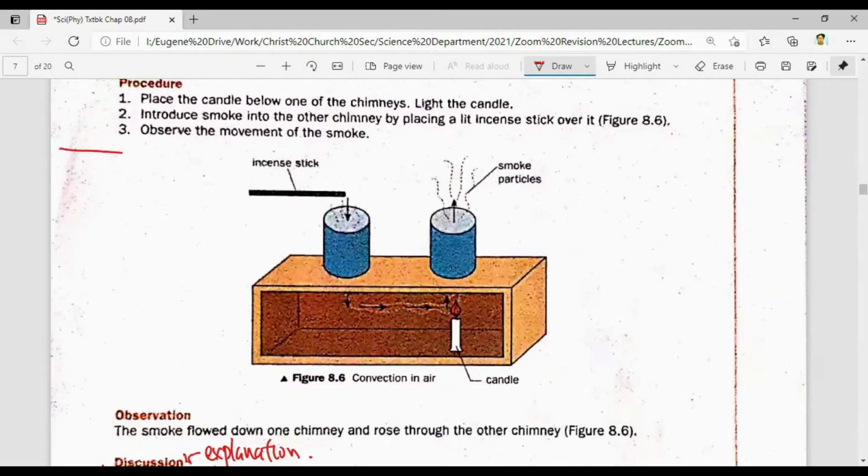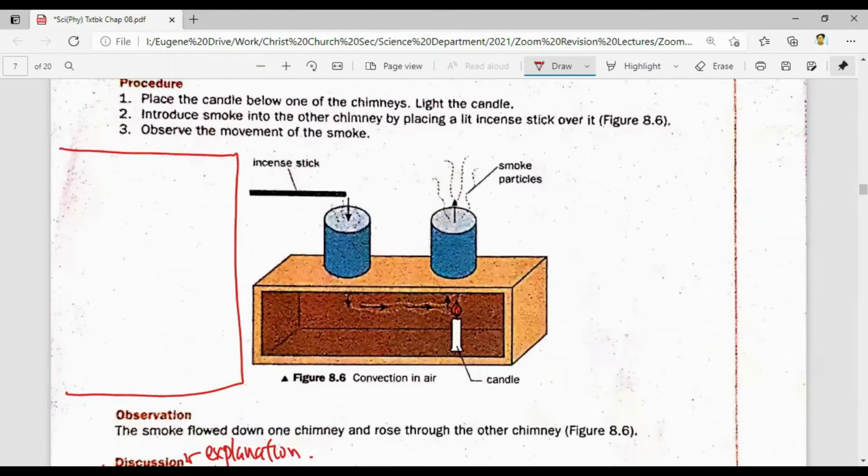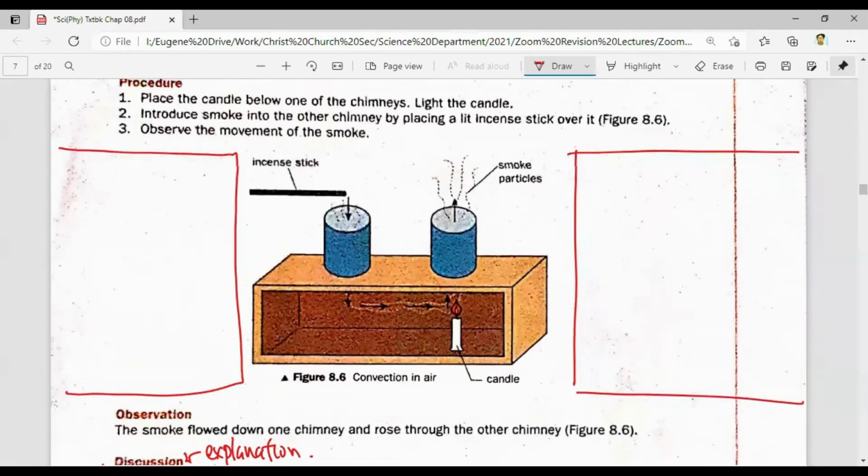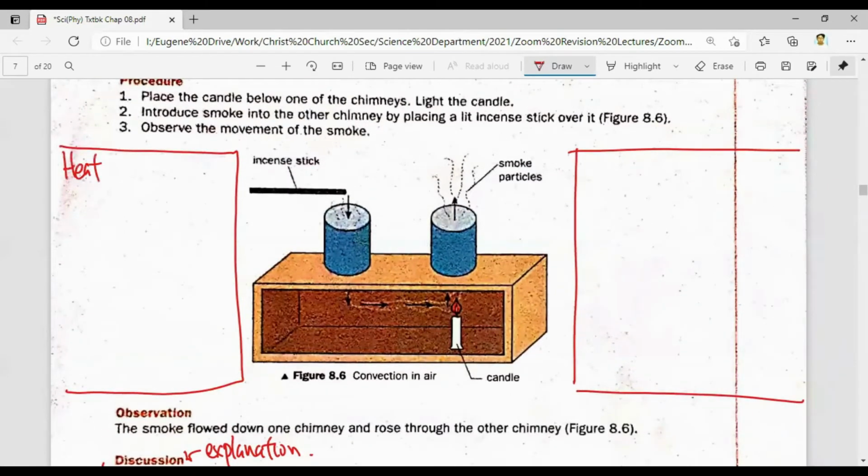So I'll just use the space over here to write down, when you talk about convection, how the description should look like. So in terms of heating, I want to transfer heat via convection. So typically it can be liquid or gas.